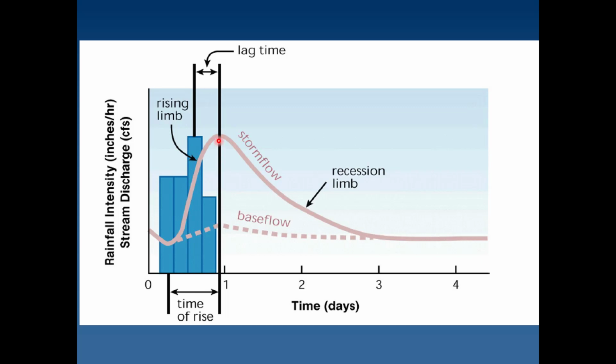And you could look at a stream that drains a watershed that had a rainfall like this, and watch how the stage of the river increases and the flow rate of the river increases sometime after the rainfall occurs. So the rain starts here, but it takes quite a while in this case for this river to increase its stage and its flow rate in response to that rain event.